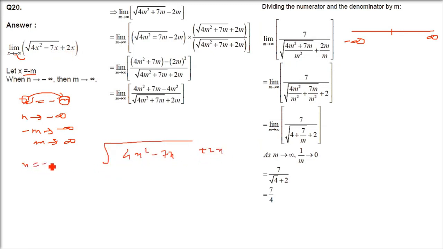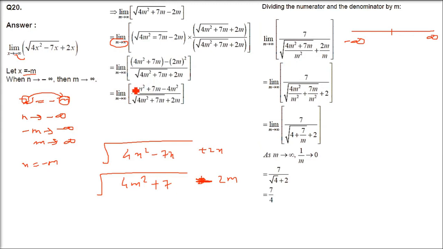So I am putting x as minus m. So under root, minus m whole square is m square only. Then you have minus 7 into minus m, that is plus 7m, and plus 2 into minus m, that is minus 2m.